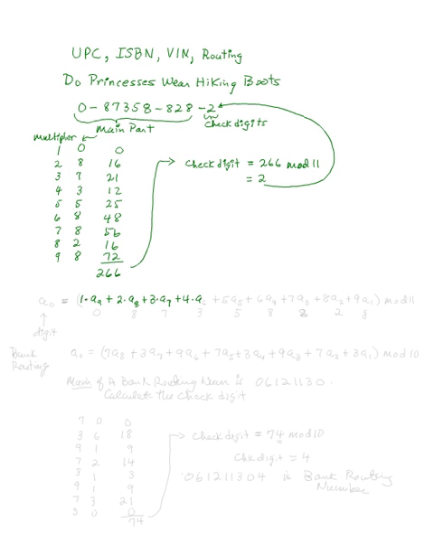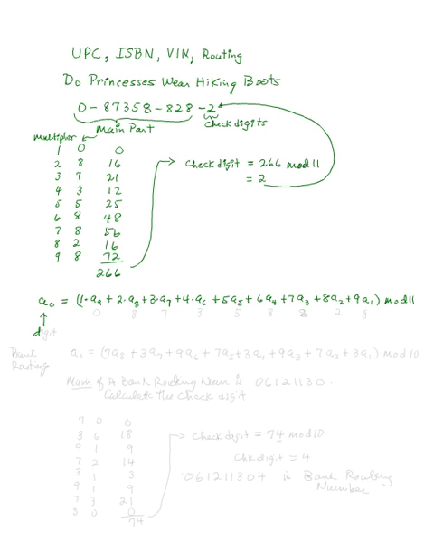So 4 times A6 plus 5 times A5 plus 6 times A4 plus 7 times A3 plus 8 times A2 plus 9 times A1, and you take that whole quantity and you do a mod 11. And when you do that, you'll have a 0, which is the check digit.